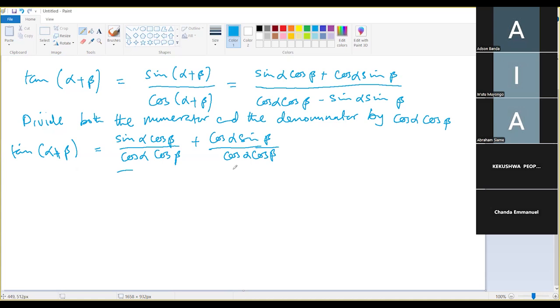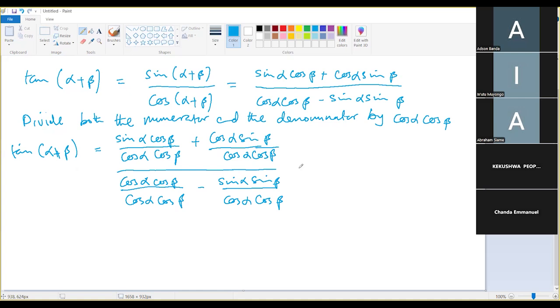And then the denominator, we do the same. We divide by cos alpha cos beta. So the first term is cos alpha cos beta divided by cos alpha cos beta, and then minus sine alpha sine beta divided by cos alpha cos beta.